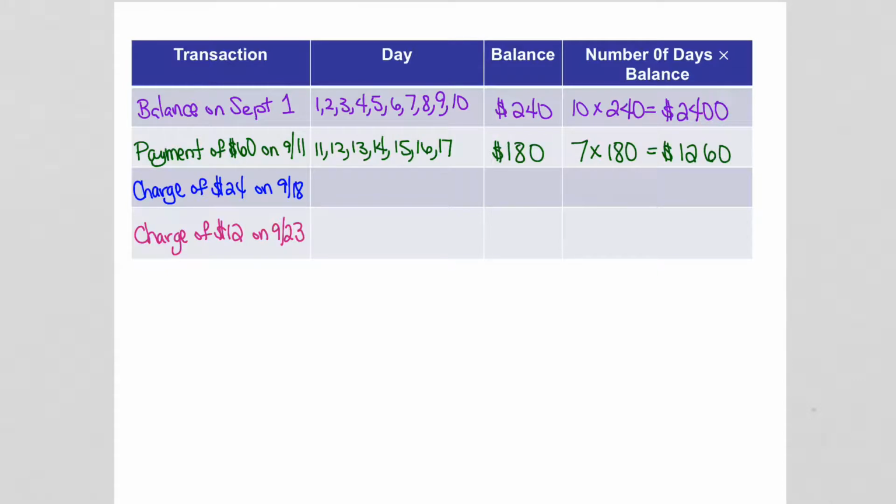Then you have days 18, 19, 20, 21, 22, 23. Aren't you glad there's computers that do this? Where you had a charge of $24. So add that to 180. Your balance is $204. That's 5 days.